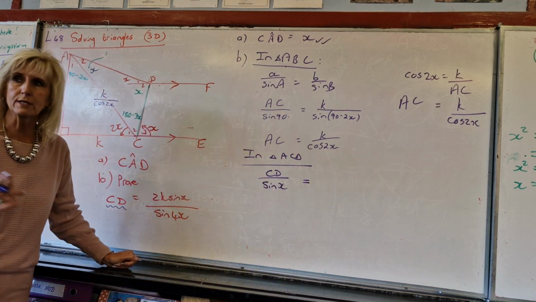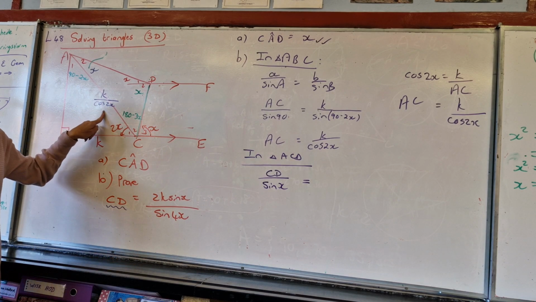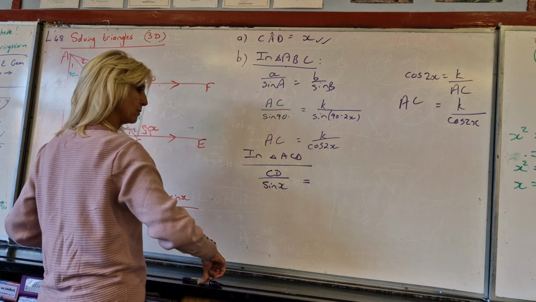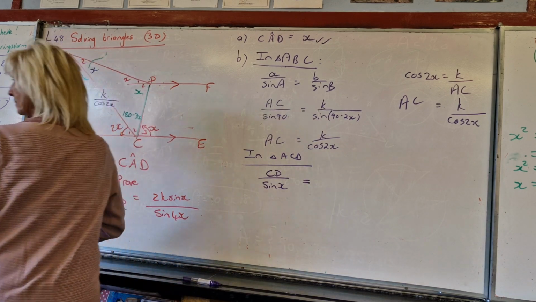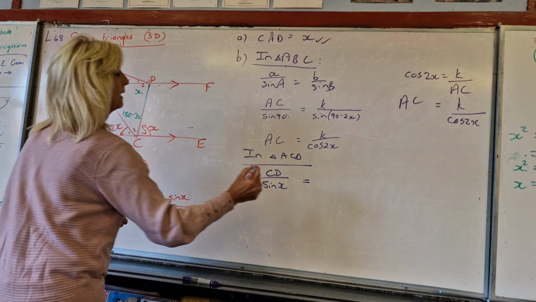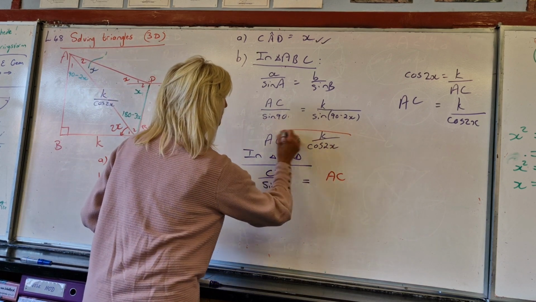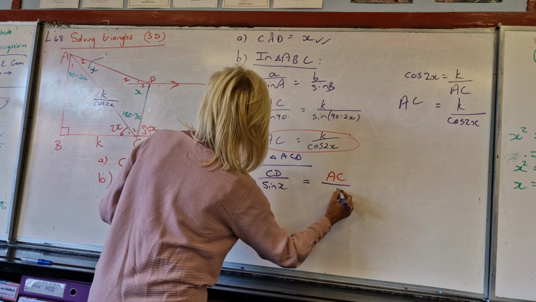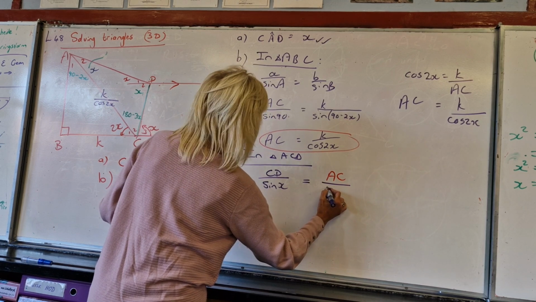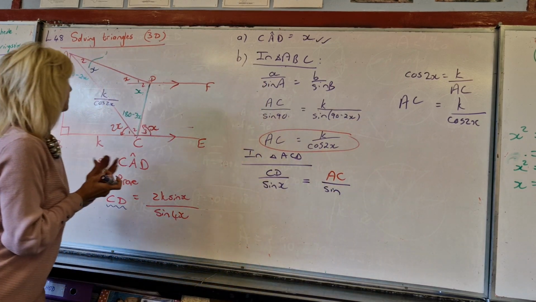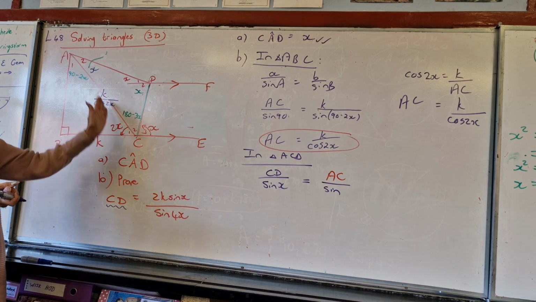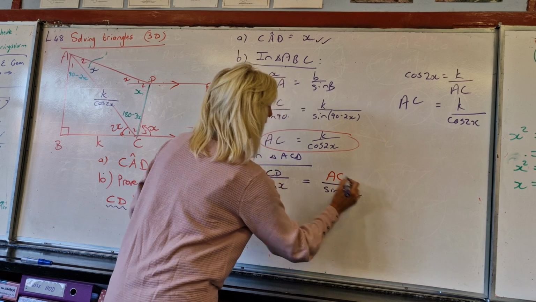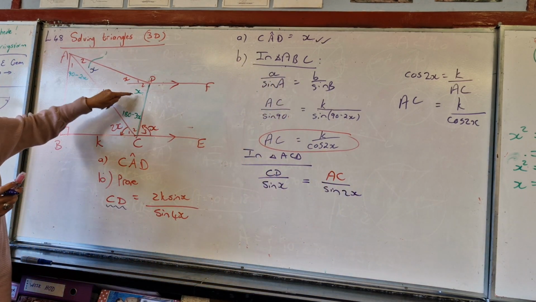And then the other partner that I've got is this side. I'm first going to write AC for a moment, if it's okay with you. AC over sin 2x. Happy on that, guys? This angle is 2x.